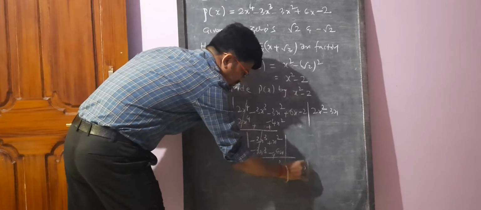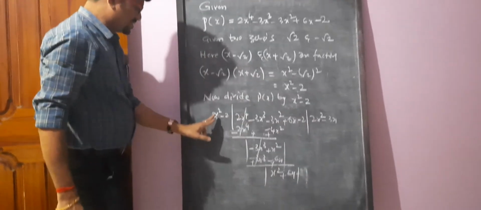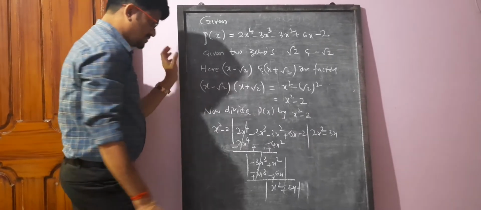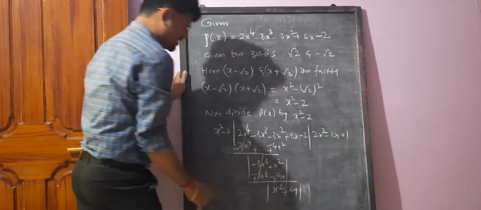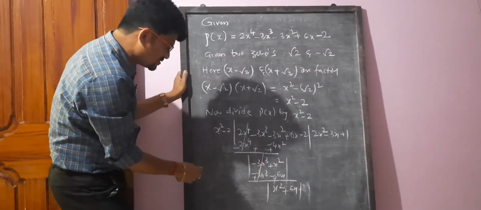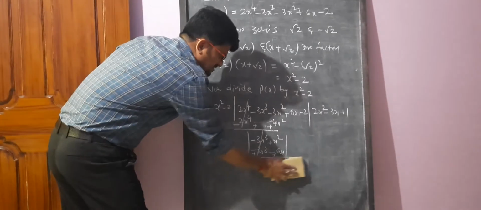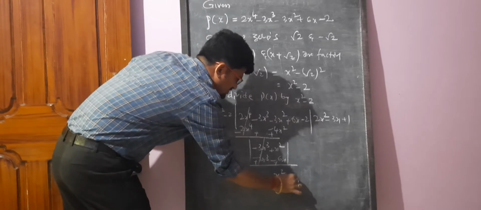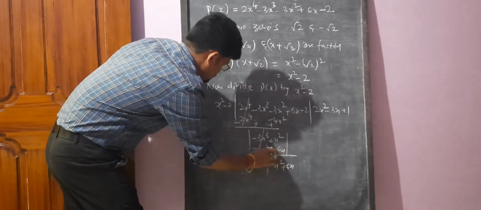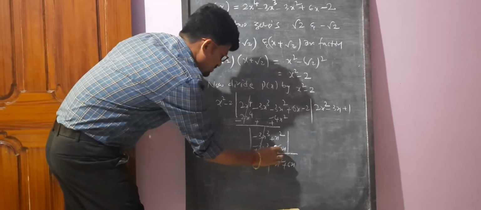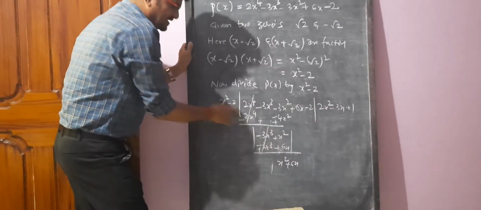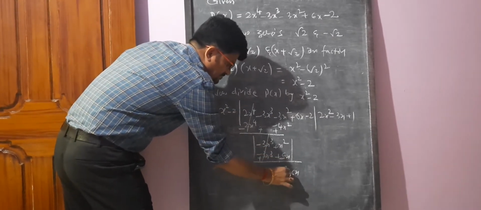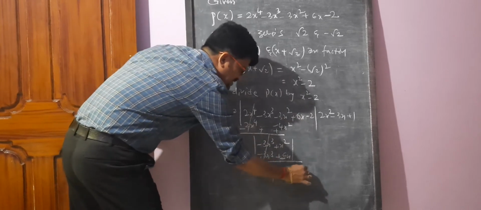Now x square, what is the term here? Plus 1. One thing, children: here plus x square, this is plus 6x, and here minus 3x into minus 2 gives plus 6x, so after changing the sign it becomes minus 6x, and here one more term plus 6x.